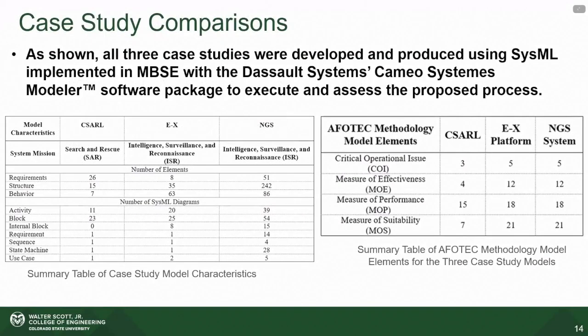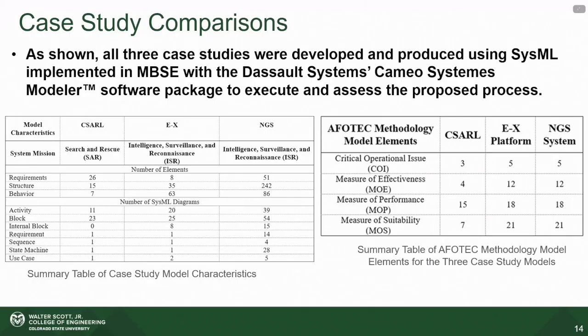Now, these summary tables provide a clear comparison of the key features across the three test case models and visually demonstrate this progressive increase in system complexity. The number of SysML elements in the diagrams increases with each successive case study, reflecting the transition from a simple baseline system in the CSARL test case to the more complex real-world scenario of the NGS system.